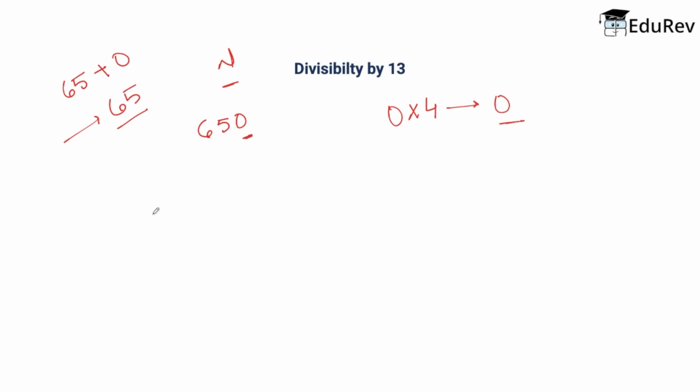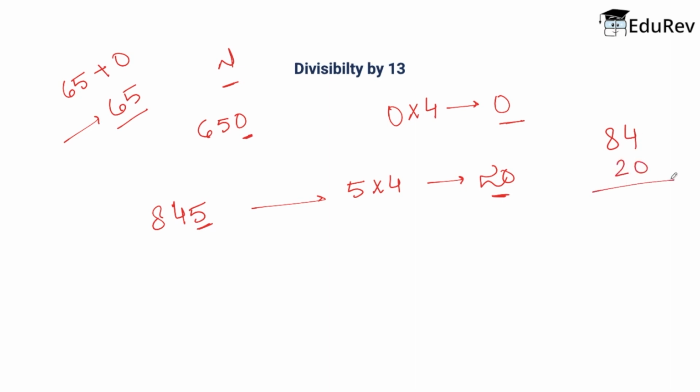Let's take one more example. Let's suppose the number is 845. So what we need to do is again multiply the last digit of this number with 4. So it's going to be 5 into 4, that is nothing but 20. Now I have to add this 20 to the remaining portion of the number, that is 84. So it has to be 84 plus 20, that is 104.